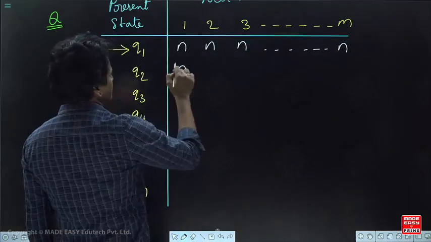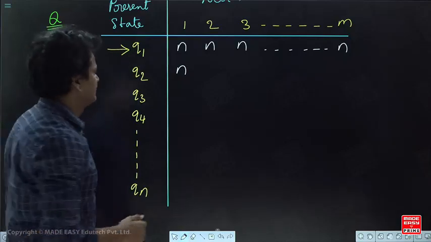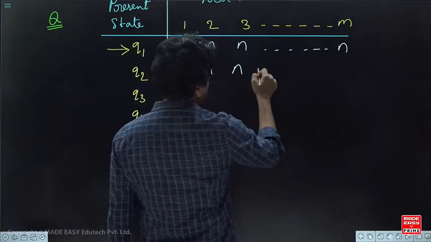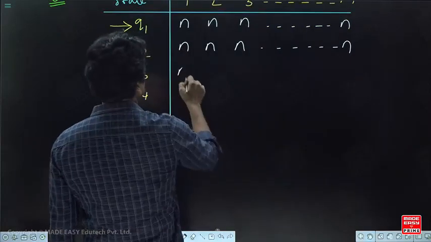So Q2 on 1, you can go to Q1 or Q2 or Q3 or Q4: n ways. And here also n ways, n ways.